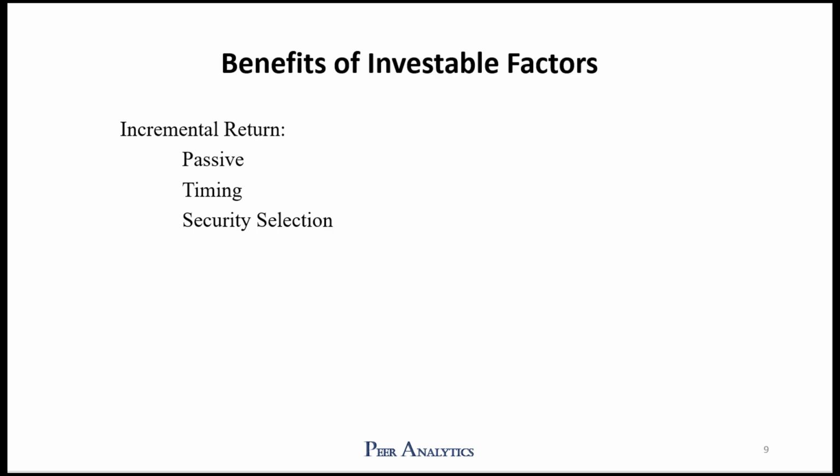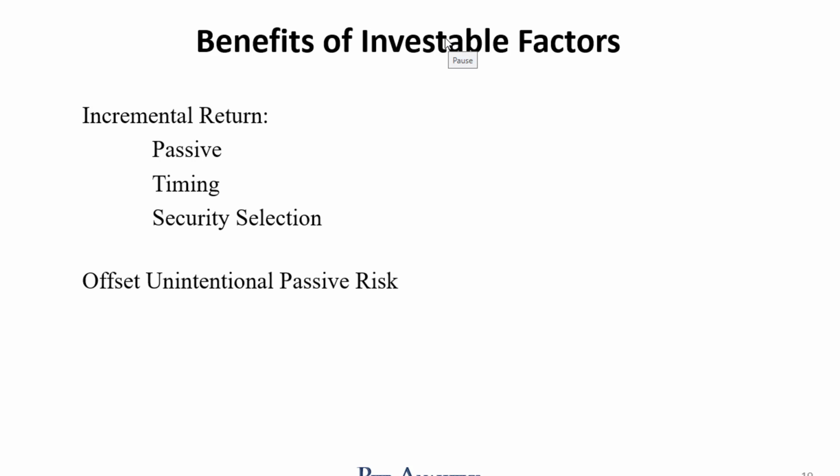And keep in mind, components can be further broken down into each individual factor and each individual security's contribution to both past performance and current risk. We can offset unintentional passive exposures and reduce tracking error while retaining the security selection risk worth active fees.